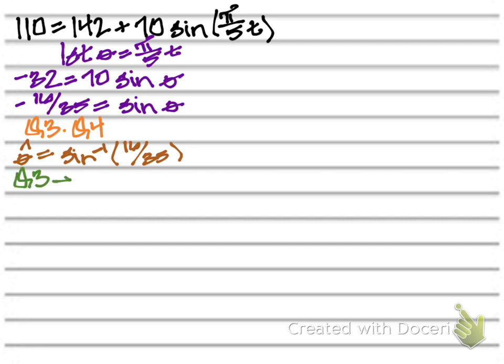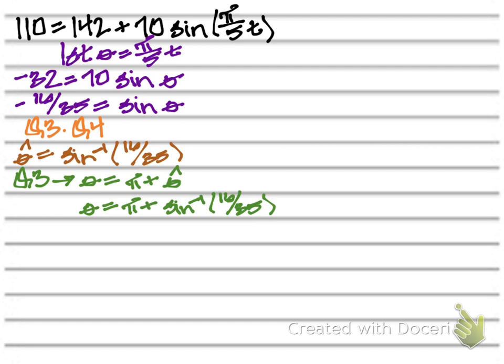In quadrant 3, we have theta is pi plus theta hat, which means that theta is pi plus whatever the value of the inverse sine of 16 over 35 is.